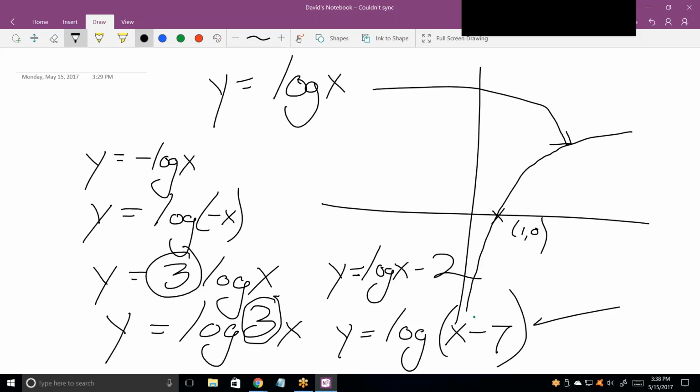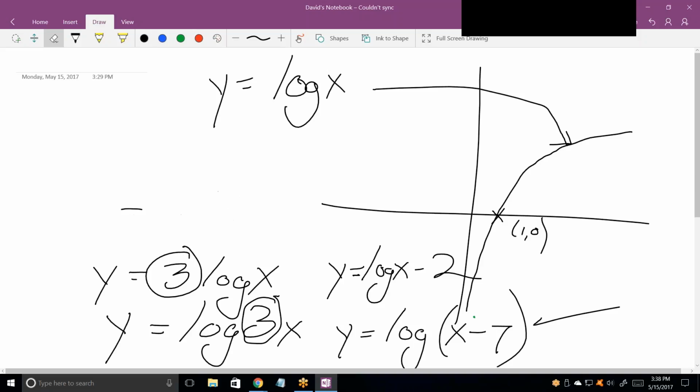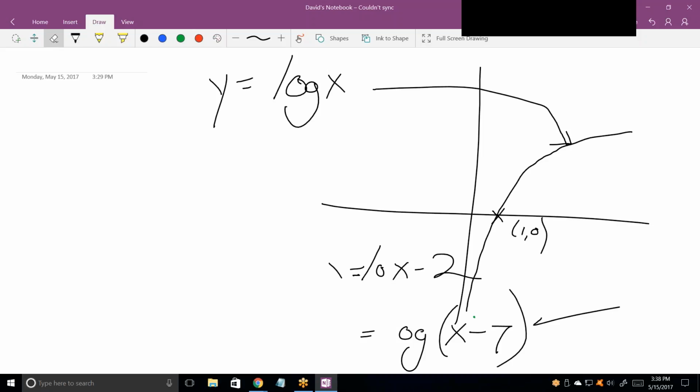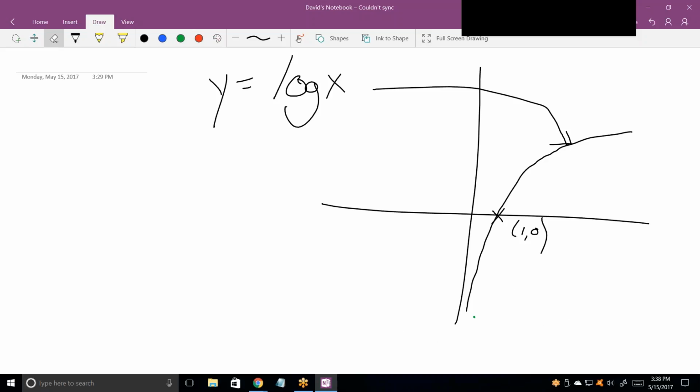Now, the one thing about logs is they happen to be the inverses of exponentials. And that can be a little confusing because they're also the equivalent of certain exponentials.